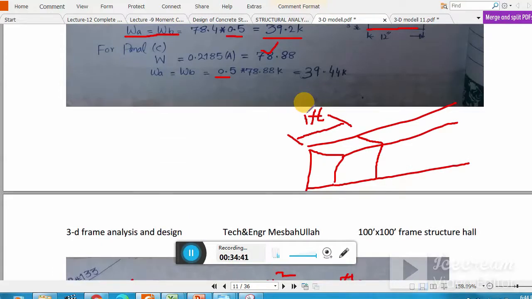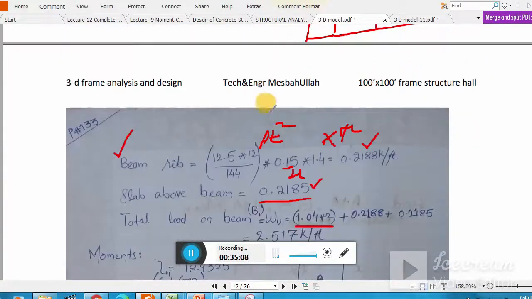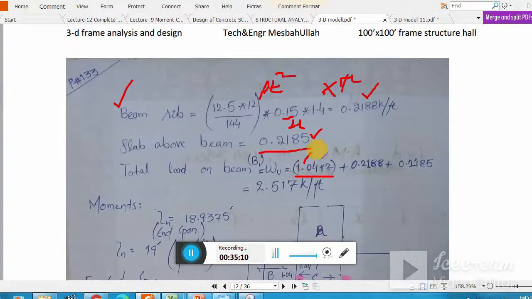So 39.44 divided by 2 gives me 19.72, and 19.72 divided by 18.9375 gives me 1.04. Okay, so 1.04 I got. Clear? So this is the way, this is basically nothing but 39.44.